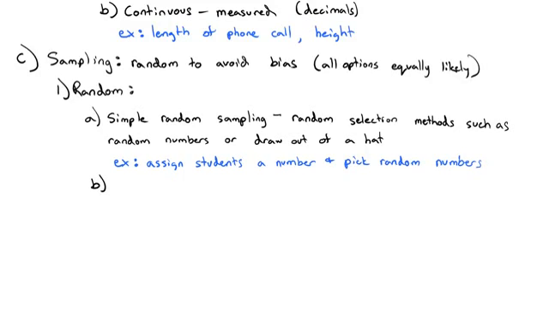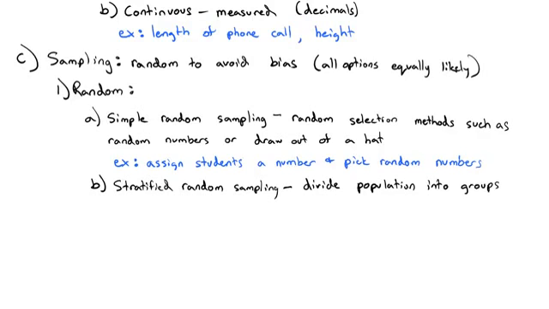A second type of random sampling is what is called stratified random sampling. And this is when we divide the population into groups.